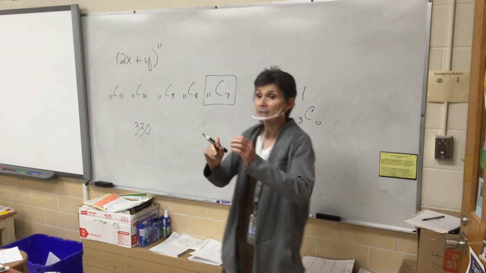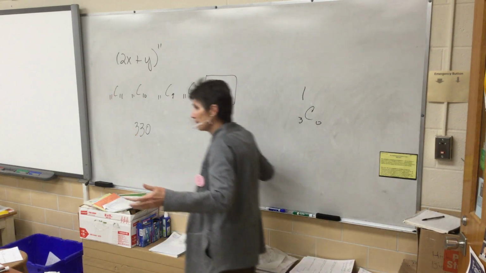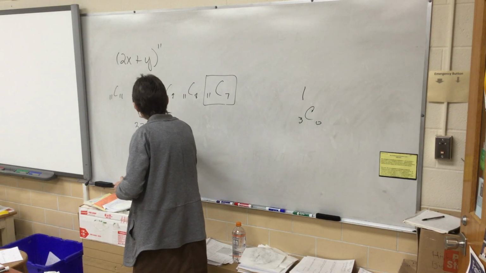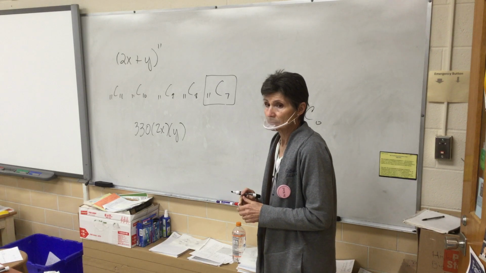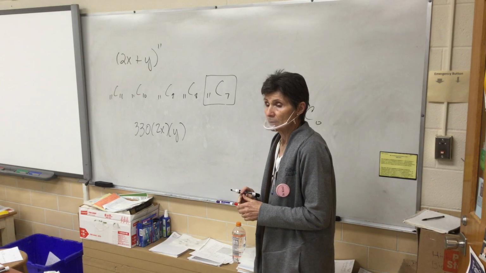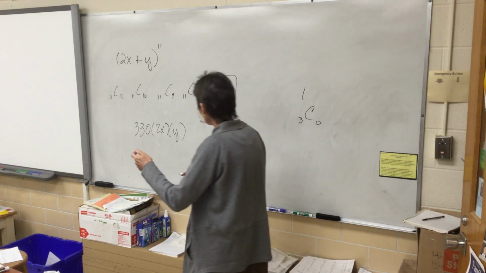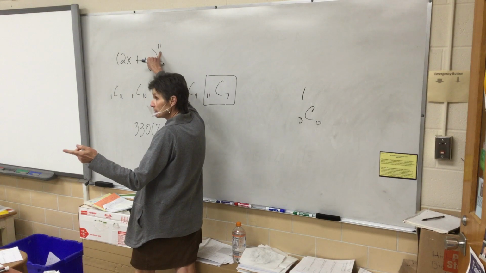Now think about the problem we just did. If you wrote out the whole row, you'd have all these numbers, and then next to each of the numbers, wouldn't you put a 2x and a y? And then you'd put your powers on. To put your powers on, you would take your first thing, 2x, and you would start with 11.